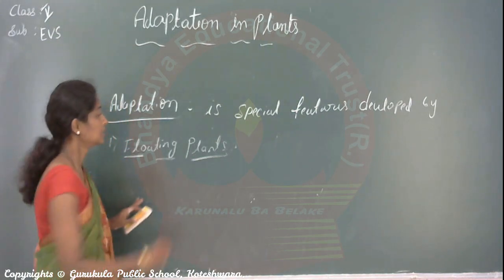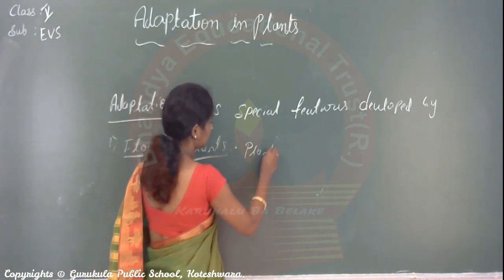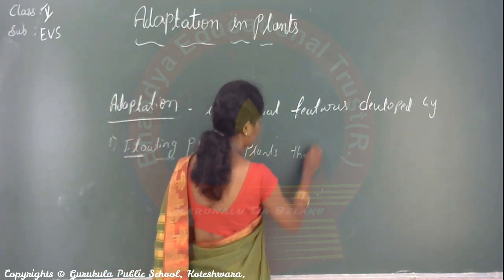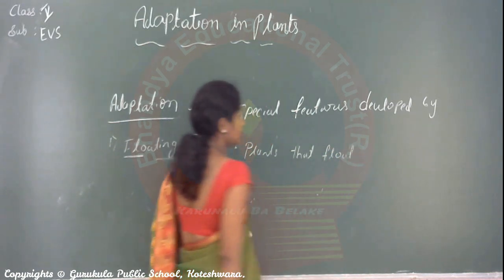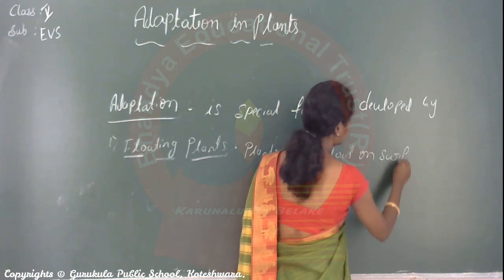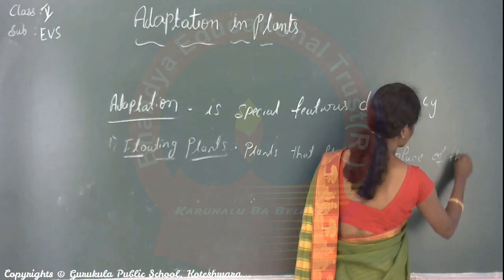Floating plants are the plants that float on the surface of the water.